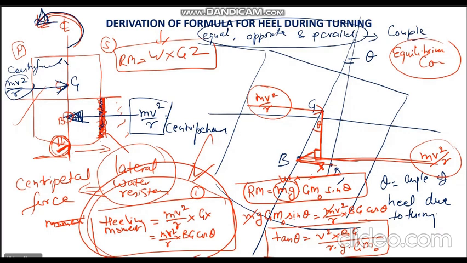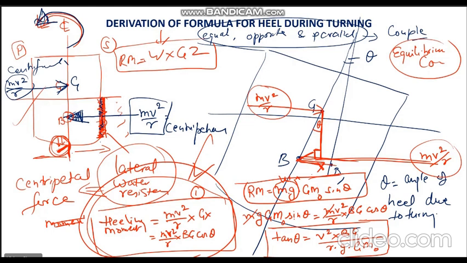Understood? Right. Below this, write righting moment is equal to small m into g into GM initial sin theta, that is mg GM sin theta. G is acceleration due to gravity. Now next line: as in equilibrium, heeling moment is equal to righting moment.